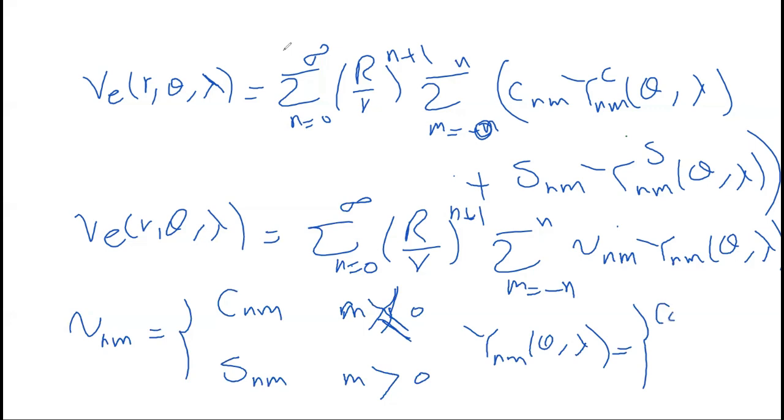Then it will be cosine m lambda, or I can simply write sine or cosine harmonics: Y_nm with C when m is negative, and Y_nm with S when m is positive. Oh, sorry.